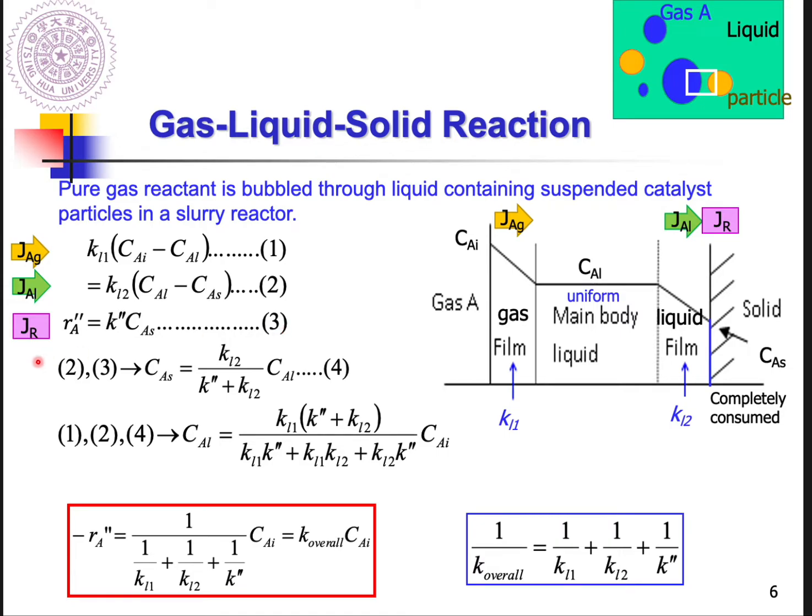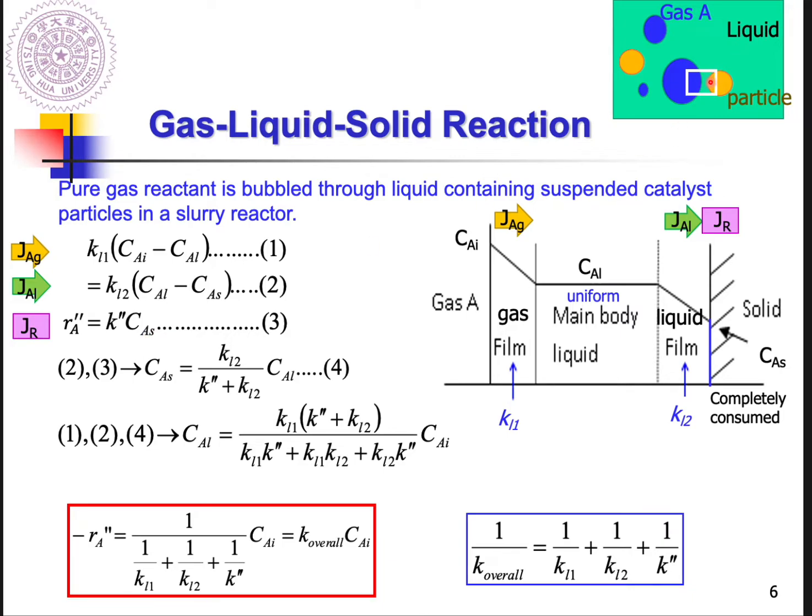Usually, as we mentioned, the purpose of solving this heterogeneous chemical reaction is to formulate the consumption rate of reactant A, right? In the beginning, you will write it down like this. But as we mentioned, it's very difficult for scientists to measure CAS, the concentration of reactant A on the surface of this catalyst.